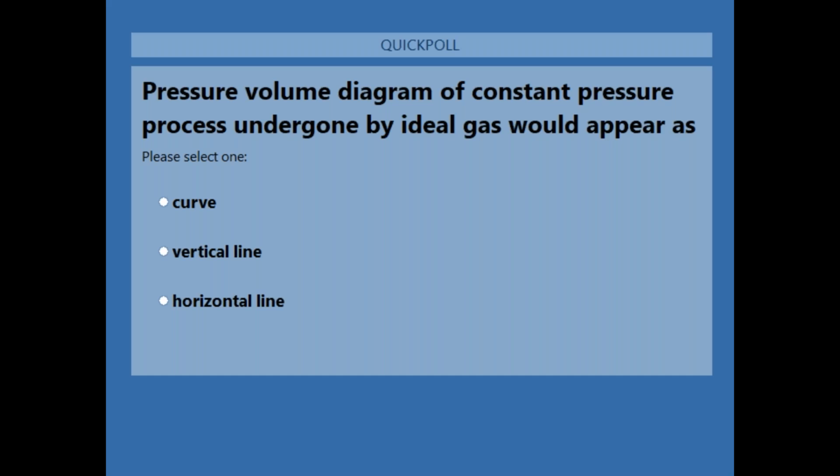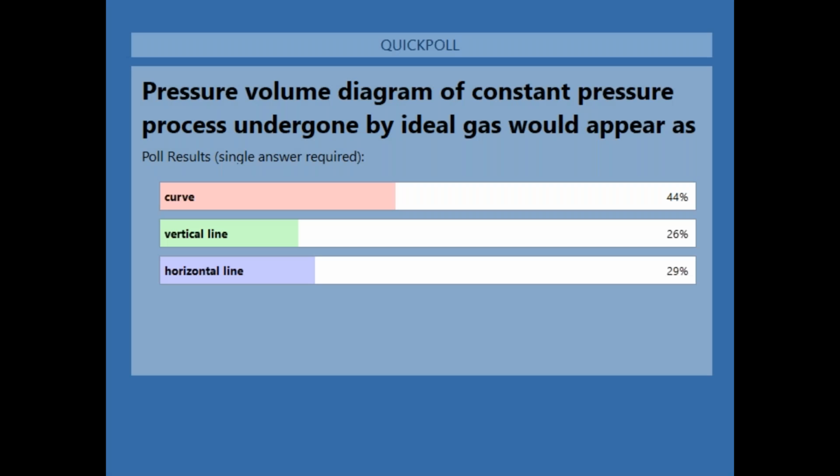I assume that others are also answering, but I would not wait for them to respond. I would show you the results. About 44% of the students feel that a constant pressure process is a curve.